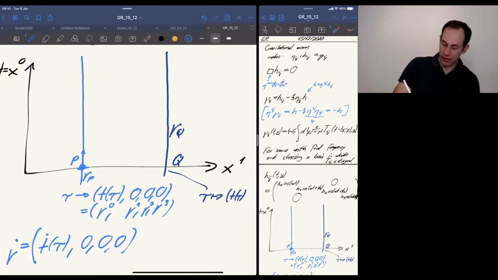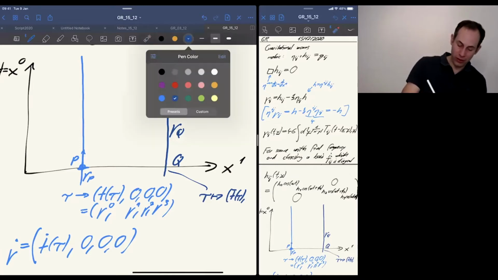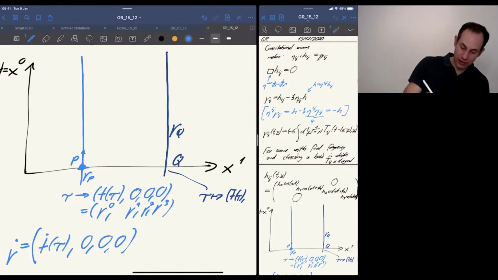Maybe it's a different t, and call it t bar. And then wherever it is. So I think I have implicitly assumed before in the drawing that here we have x1 equals 0.